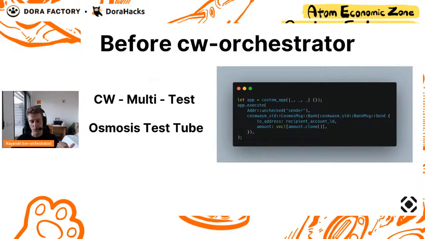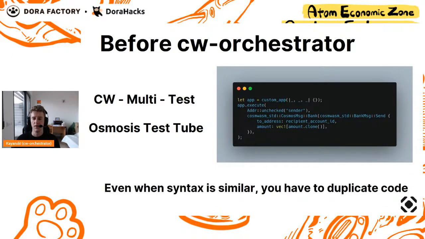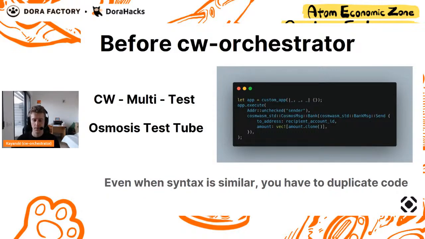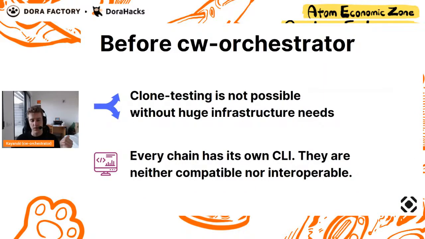These are names well known in the CosmWasm developer world, and they also bring another syntax, another way of dealing with your contract, and duplicate the code you need to interact with your blockchains or your contract. And finally, as I've said, today it's not possible to debug smart contracts easily without having to redeploy everything on a testnet or test on mainnet, which is really dangerous and costly.